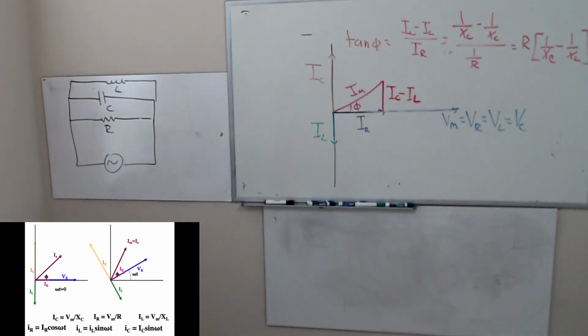So let me quickly show you the series LRC circuit. And I want to show you this because I can show you V in and V out. So I got to change cameras.